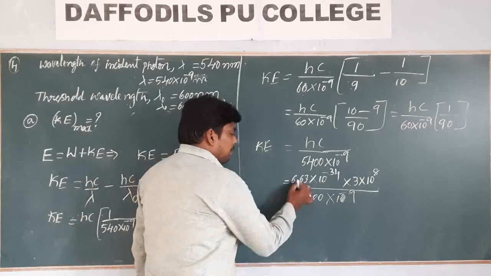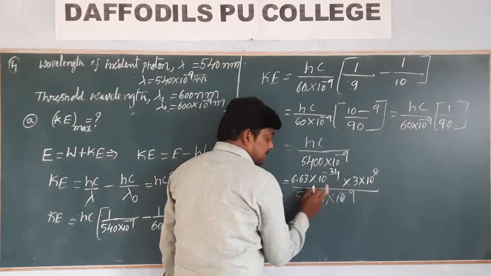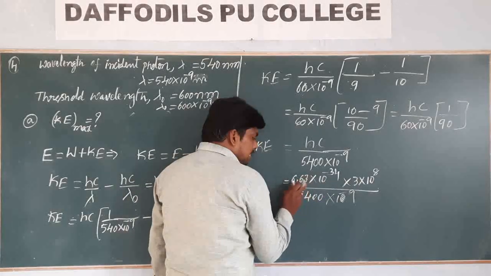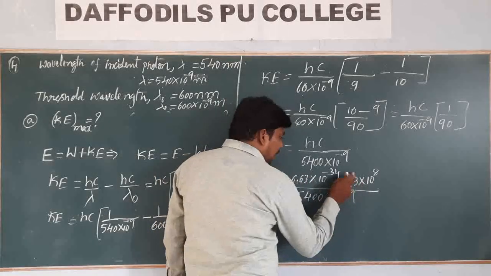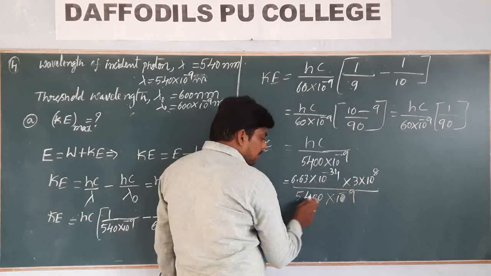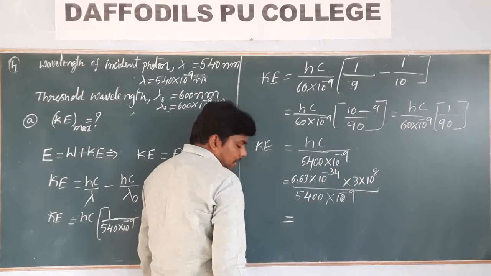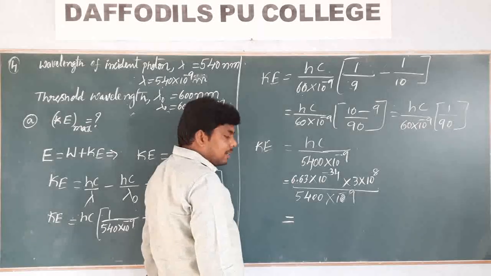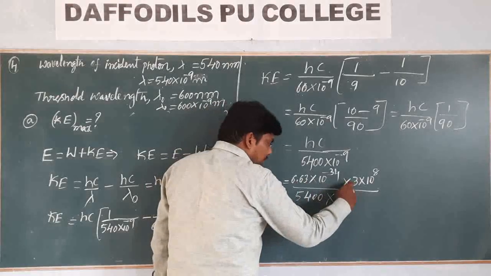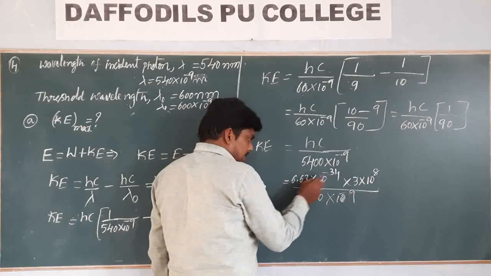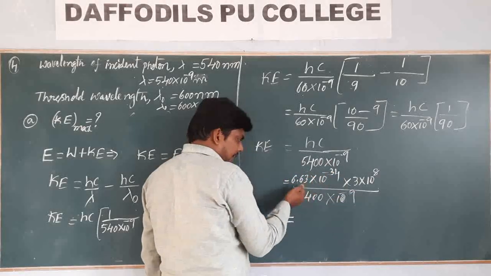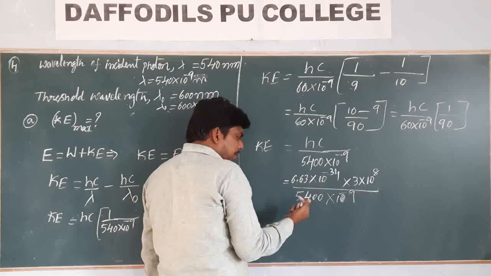Now simplify this one. First simplify 6.63 into 3. Later divide the result by 5400, and you tell me what value you are going to get. 6.63 into 3, that is nearly 19, you get 19 point something.